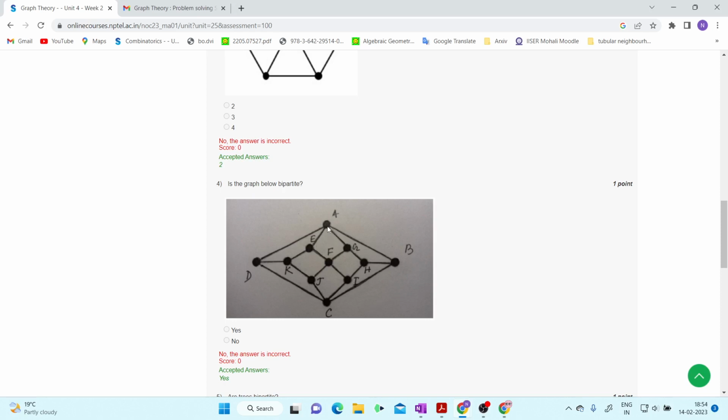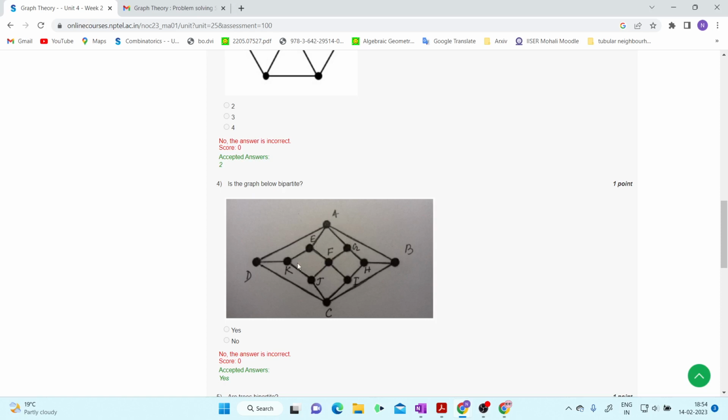Your first set contains A. Now you look at the vertices whose shortest distance from A is even. You are trying to construct a bipartition. So what all vertices have even shortest distance from A?